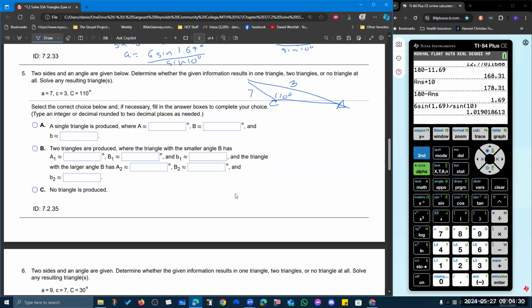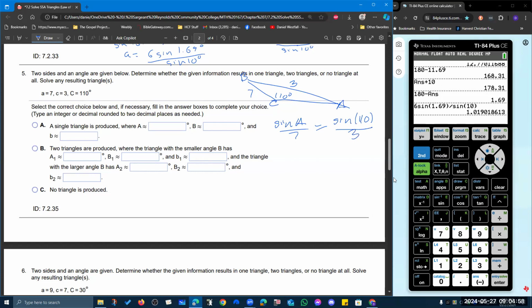This side is 3, this is 7, this is A, C, this is B. I feel like this one's going to give me 0, but let's go ahead and see. I want to solve for angle A here. So sine of A is to A as sine of this is to this.